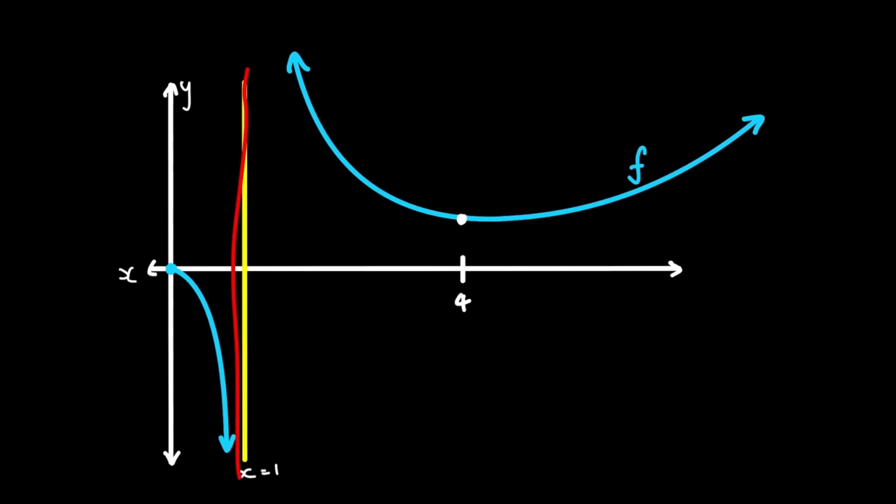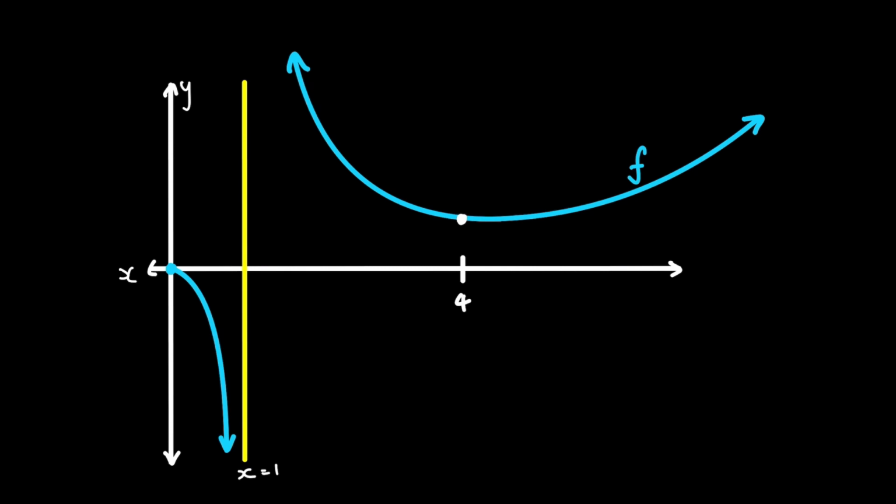We had an asymptote over here at x equals 1, and it was decreasing, which means it had a negative gradient, and it was negative, meaning below the x-axis. And now, the thing to note about asymptotes is that if this graph was negative and decreasing, as it got closer and closer to the asymptote, it couldn't cross it, so it had to bend away, which is why we get that general shape there.